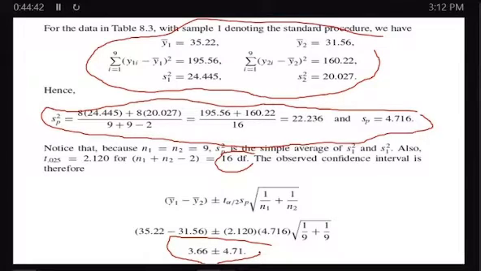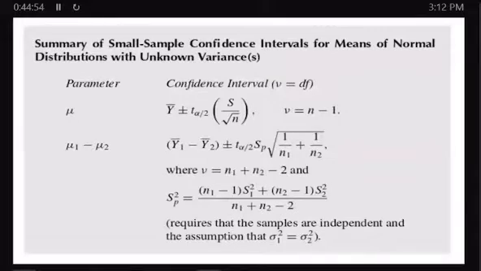What does that indicate? There is no statistically significant difference between the two methods because zero lies in the interval. Does that make sense? Okay. Now, this is a summary of what I just walked you through. Please take note of that.